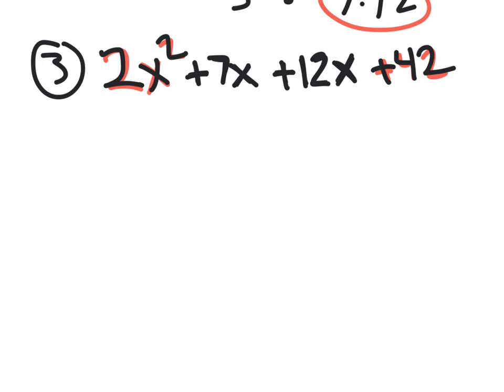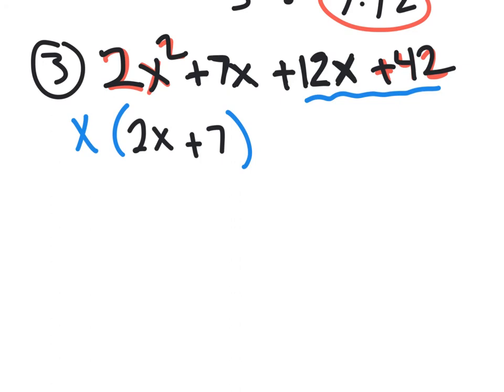And out of the first group, I could pull out an x. If I do pull out an x, what do I have left? 2x plus 7. Now, in the second group, I have a 12x plus 42. What could I pull out of that second group? A 6, a positive 6. And when I pull out a positive 6, I also have a 2x plus 7 left over.